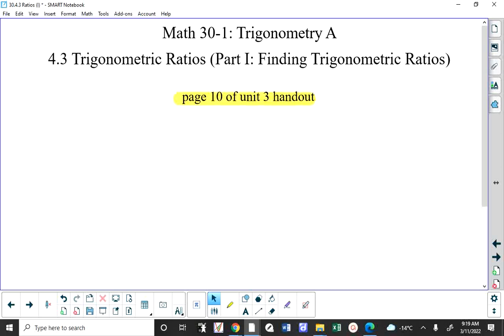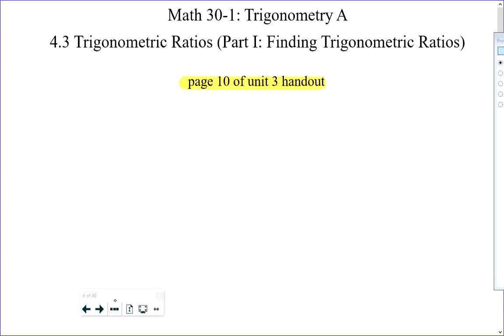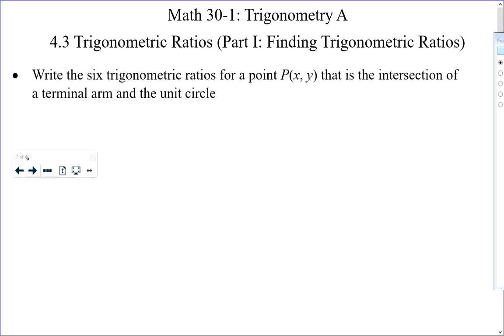This is on page 10 of your unit handout. We're going to be looking at finding trigonometric ratios, and this is in many ways a review of something you did last year in Math 20, except last year you were taught how to write the three primary trigonometric ratios for a point on the coordinate grid. Some things are different here.